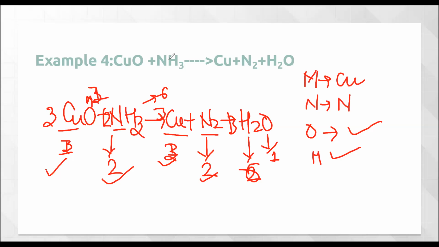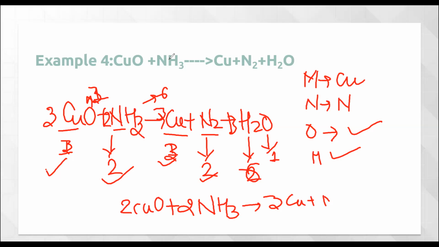Now move to non-metal, nitrogen 2, nitrogen 2, oxygen 3, oxygen 3, hydrogen 6 and hydrogen 6. So the final balanced chemical equation is 2CuO plus 2NH3 gives 3Cu plus N2 plus 3H2O.